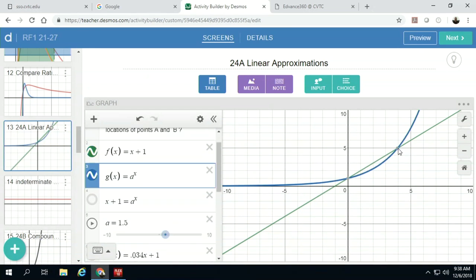So if we take 1.5, now from A to B goes from over 0 up 1 to over 3.93 up 4.939.